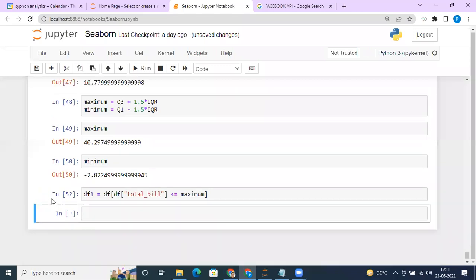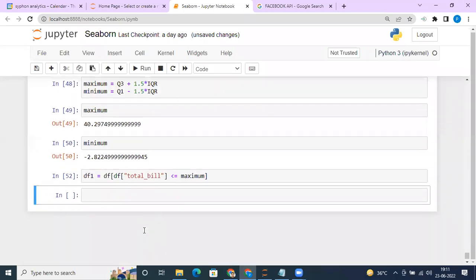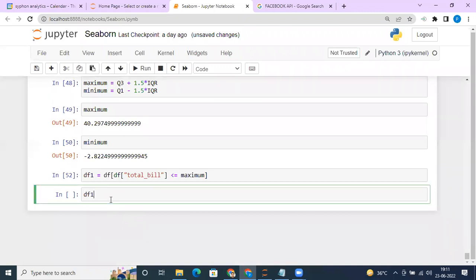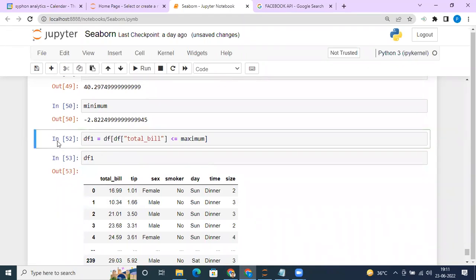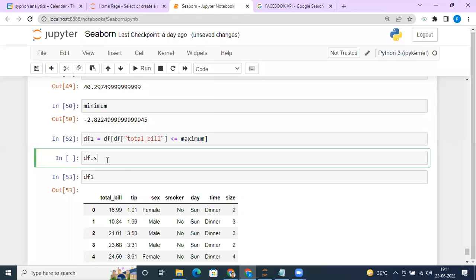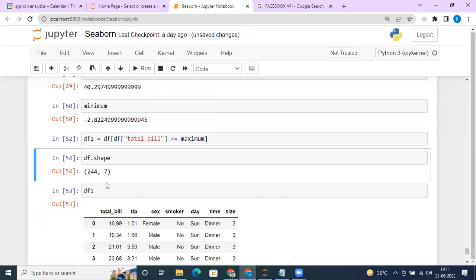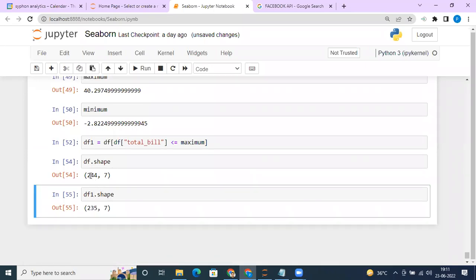Done. And now let me come here. Check your df1. So some rows have gone. And you can check, see, df.head or df.shape. 244, right? Check this one, df1.shape. How many rows have gone? Can you see, observe everyone?